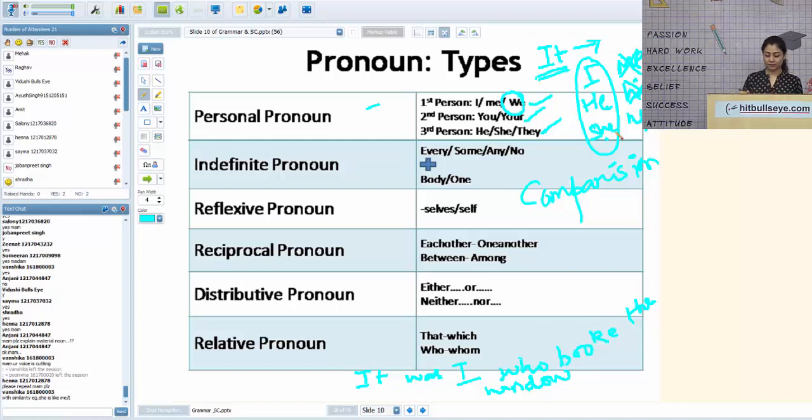Let's see an example of comparison. We just talked about how we can see comparison. Remember adjectives? We just talked about comparative degree. So I will say Ram is taller than she. How do we gauge the comparison? Because of the word taller. Remember in adjectives we always learned that there is comparison between two entities.